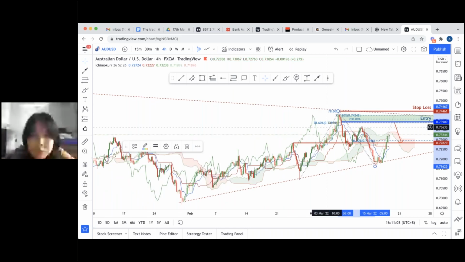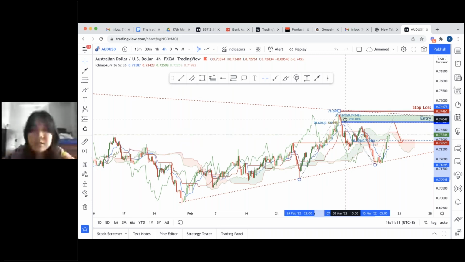Okay, the 61.8 is the projection, and these two you can see are very nicely in confluence. So it's a higher level of confidence. We know that there is definitely a reaction if you reach this point.